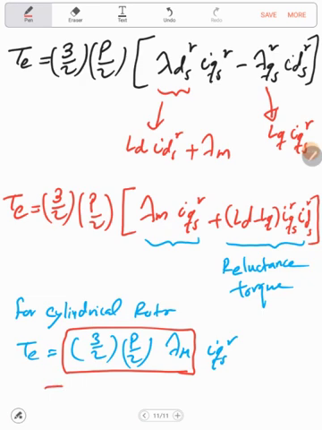So simply this means that TE is proportional with IQSR. And this is for the cylindrical rotor when the gap is uniform.